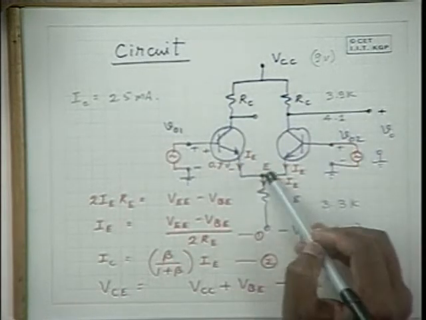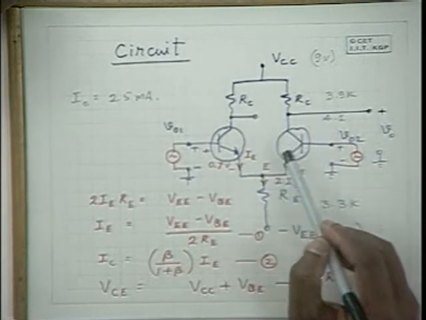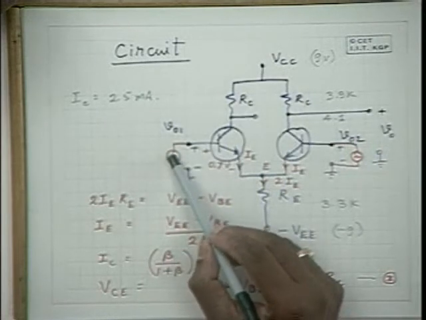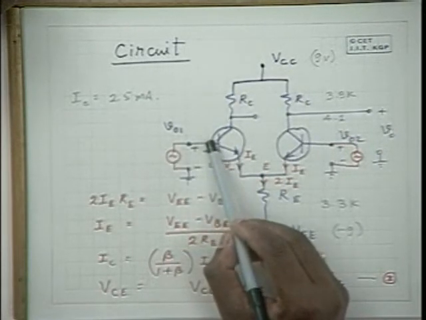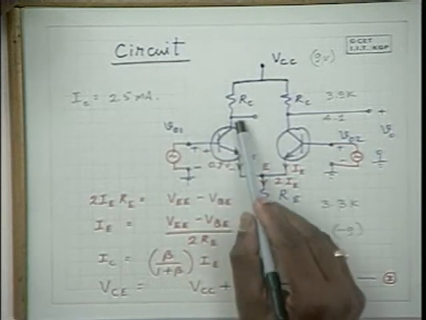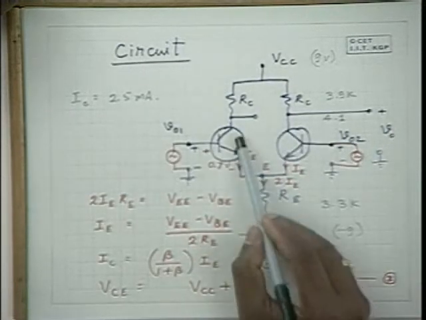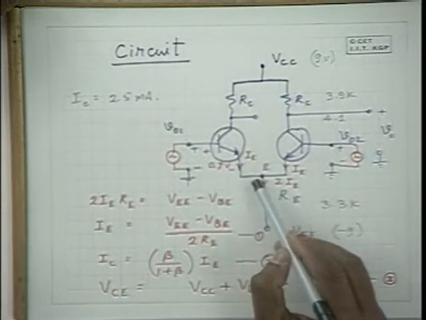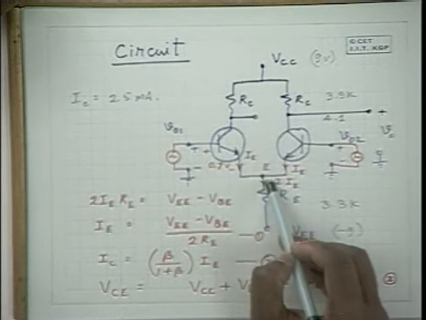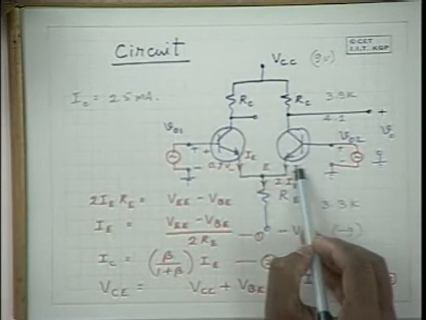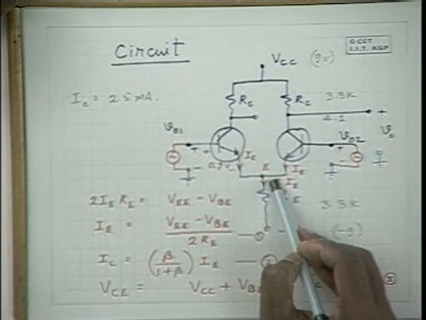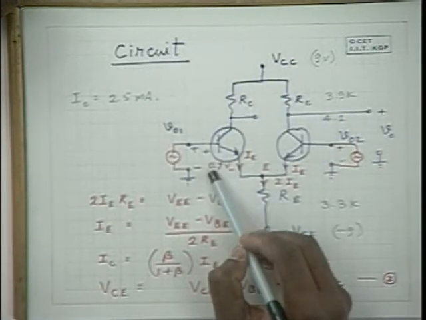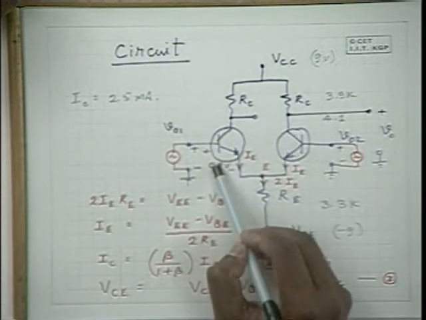Now, since these two emitters are connected, when you apply a positive signal here, the base current tries to increase, and as a result the emitter current increases. And the increased emitter current decreases the emitter current on this side, because when this potential rises by say 10 millivolts, this VBE is increased by 10 millivolts.